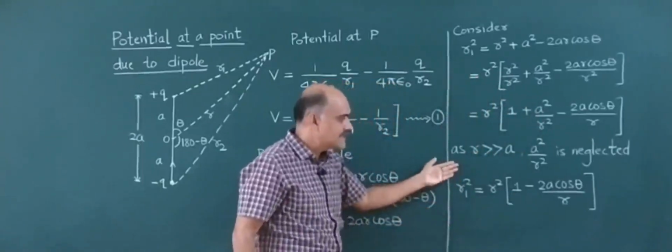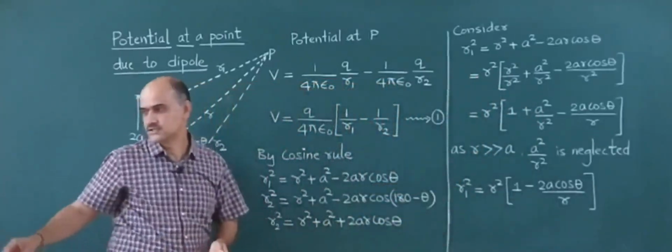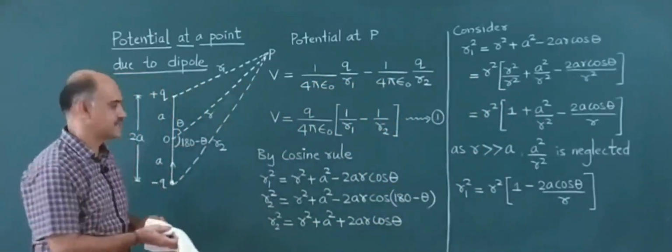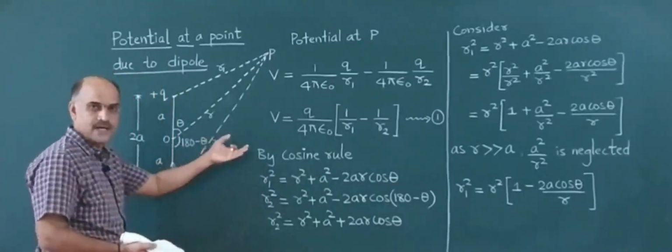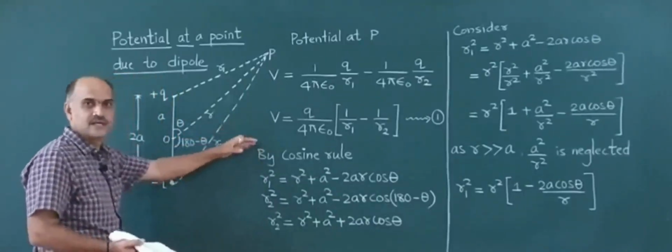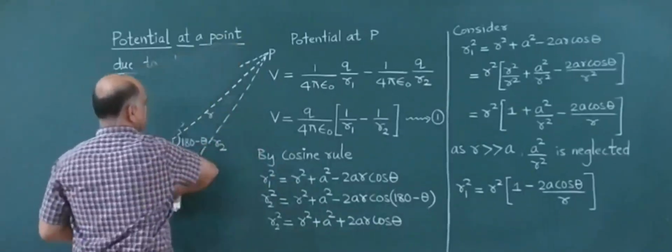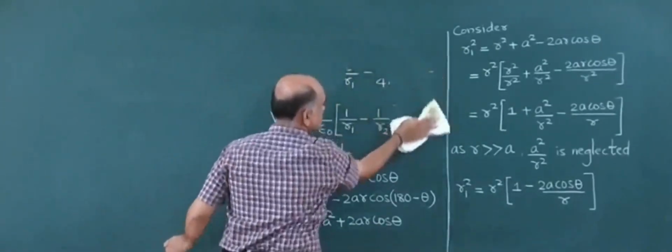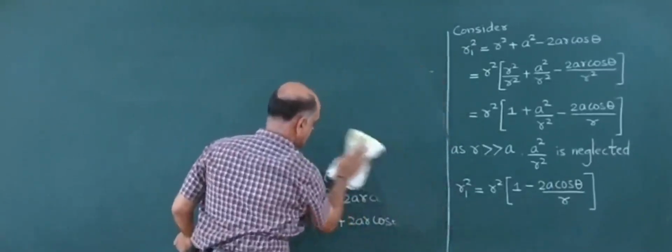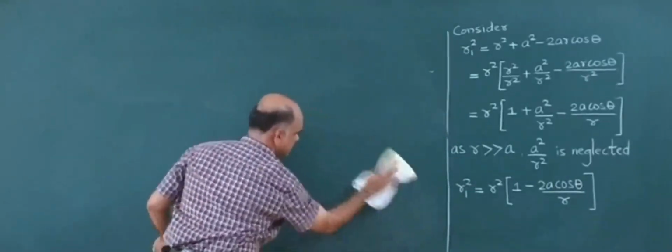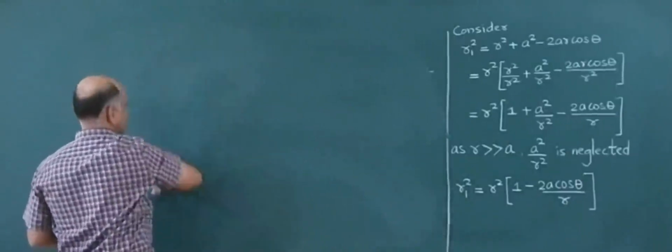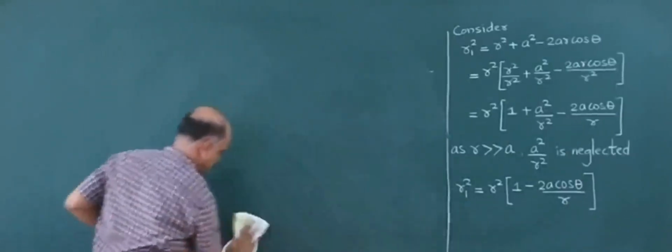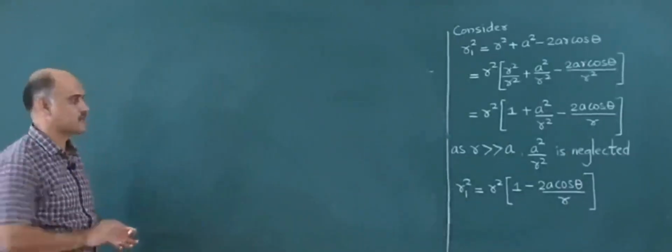Now I will take a reciprocal of that one. So if I take a reciprocal, that is 1 by r1 square. So you can note down this step, students.